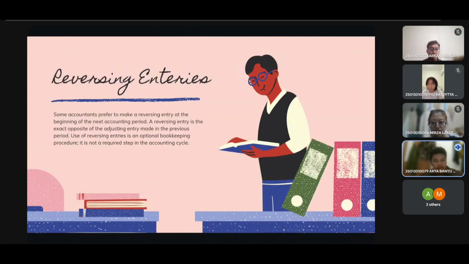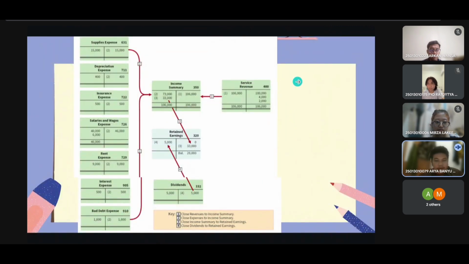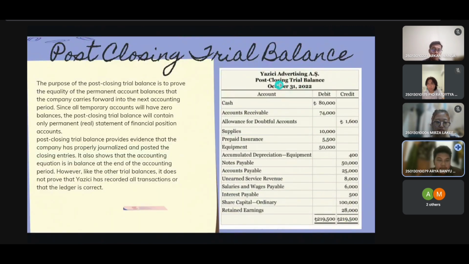Next. After that, we post the closing trial balance. The purpose is to prove that the permanent accounts are balanced, like cash, accounts receivable, supplies, and others.